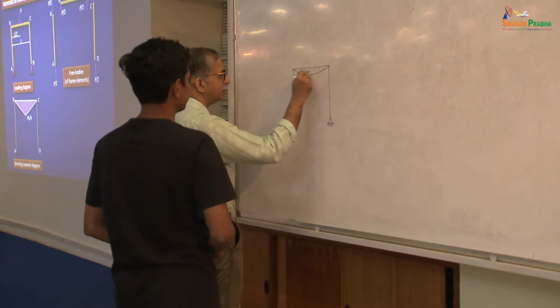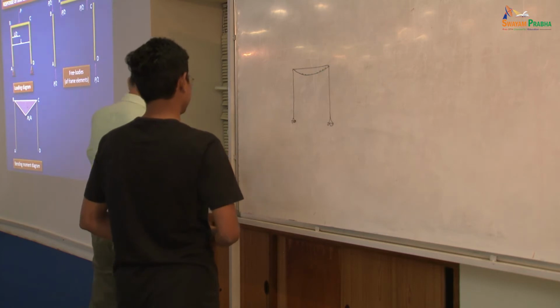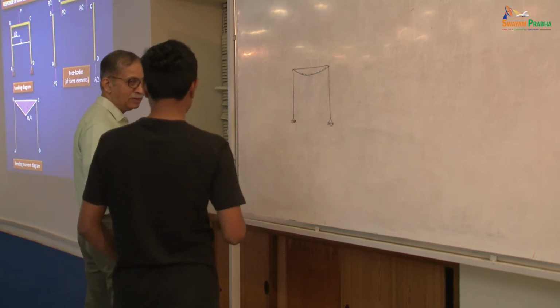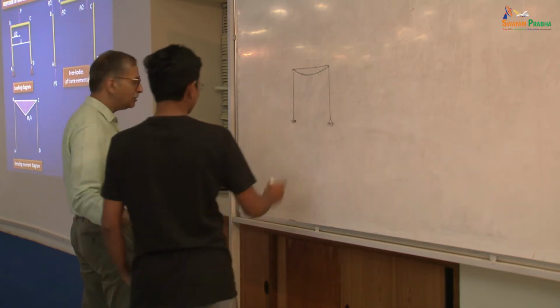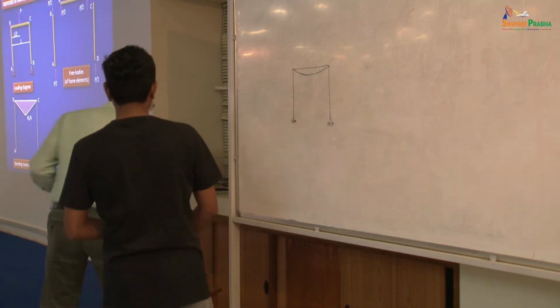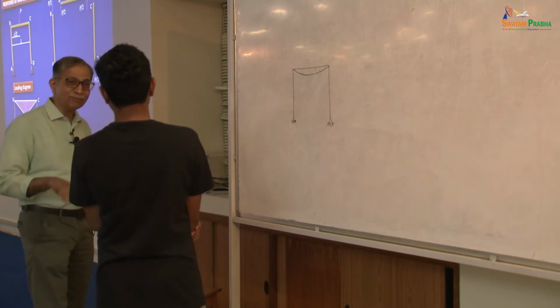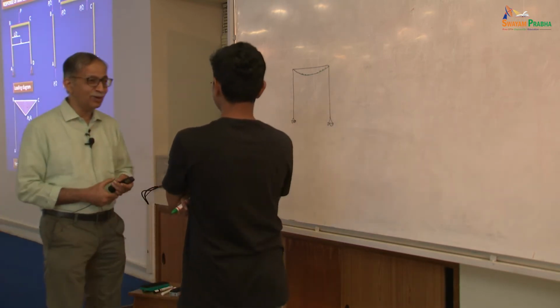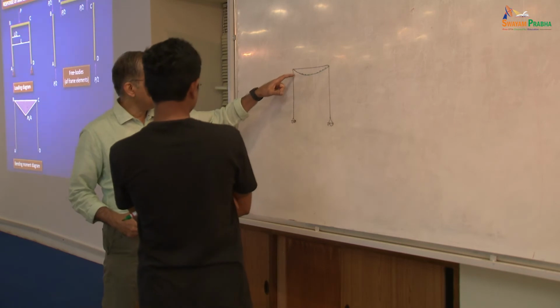Okay. Then what about these guys? They should be straight in your opinion? Yes. Why is straight? Because they won't take any bending. No bending moment. Okay. But compatibility, see, that's why your left brain is strong, right brain is not so strong. That 90-degree you're violating.